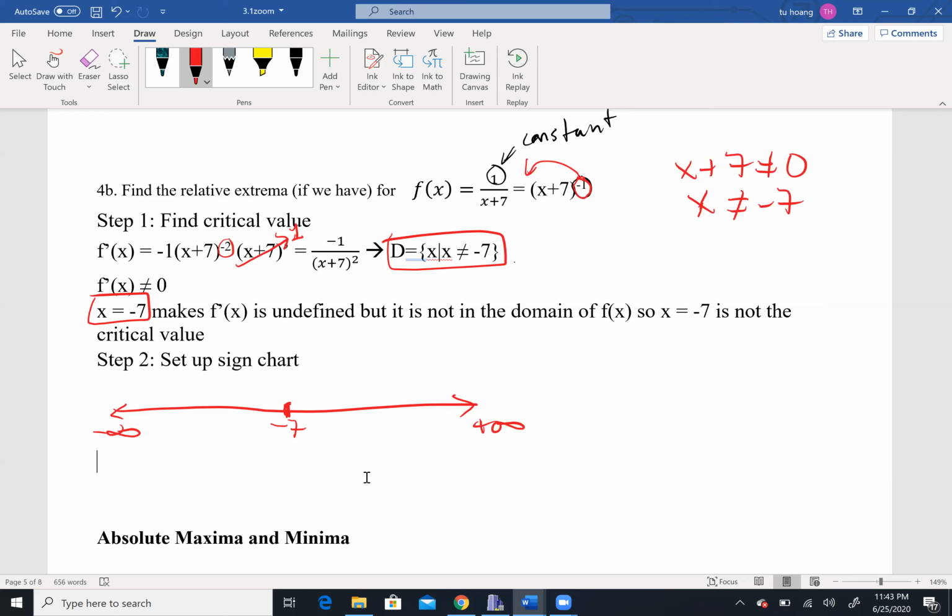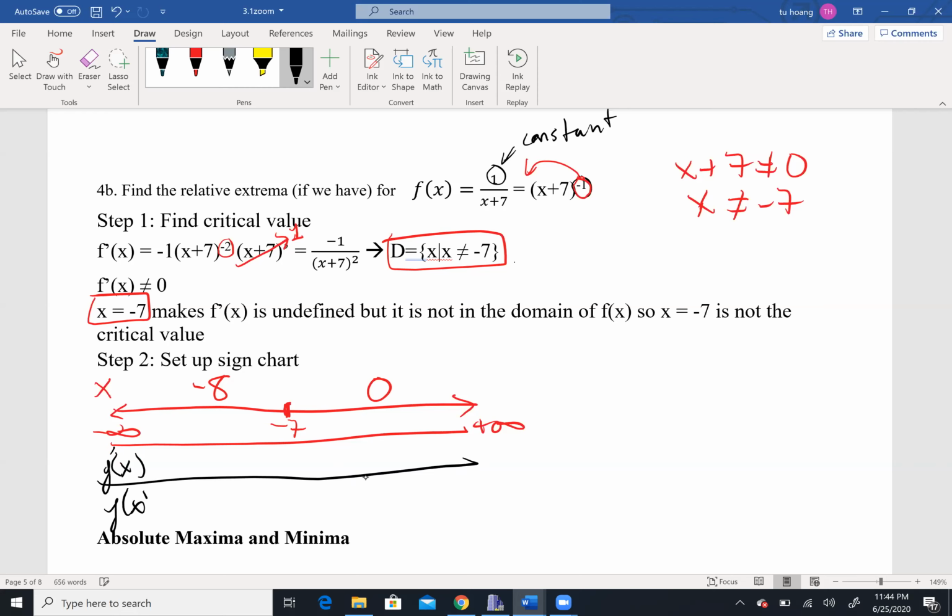And since you have only one special number, you're going to divide this number line into two intervals. And I have to have two values of x that lie in these two intervals to test. So one is going to be, say, negative 8, another one say 0. I'm going to have a line to separate it, and then the first row is f'(x), and the second row is f(x).